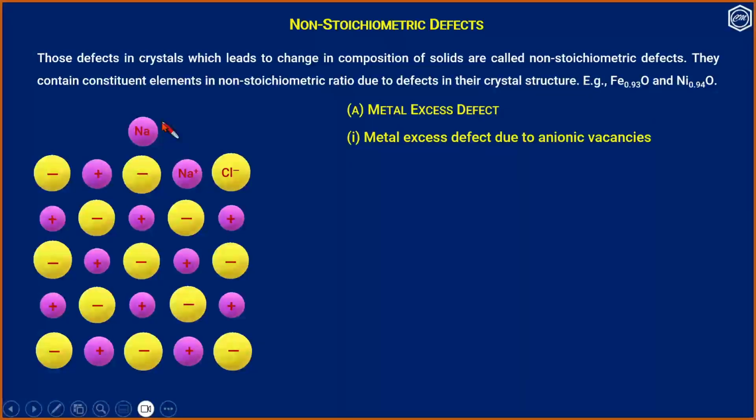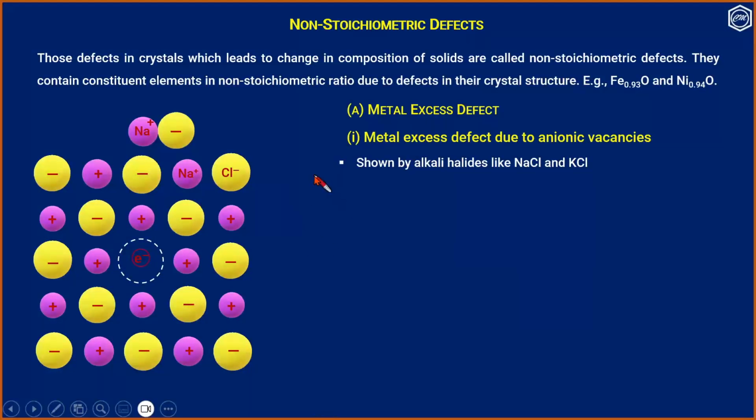Now some of these sodium atoms get deposited on the surface of the sodium chloride crystal. A chloride ion migrates to the surface of the crystal and combines with sodium to form a sodium chloride molecule. Now the electron released from the sodium atom moves to the vacancy of the chloride ion and occupies it.